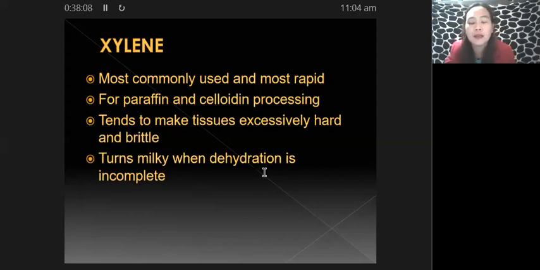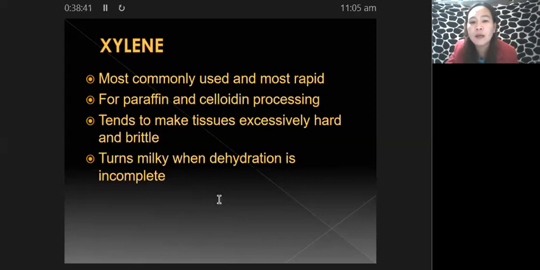So apart from that, another disadvantage of xylene, actually this can be an advantage and a disadvantage, is that it turns milky in the presence of high amounts of water molecules. When do we have a high concentration of water molecules? This is observed when the dehydration process is incomplete.